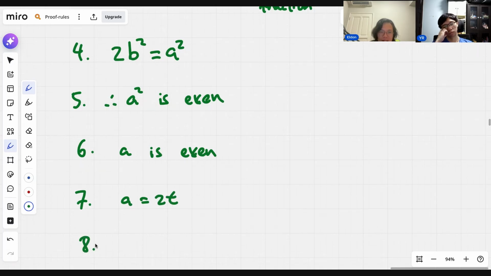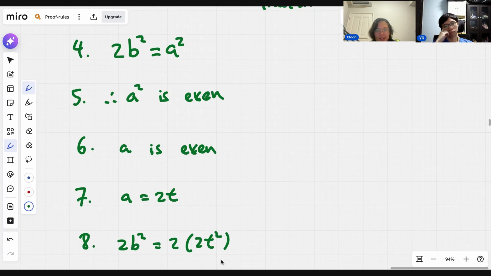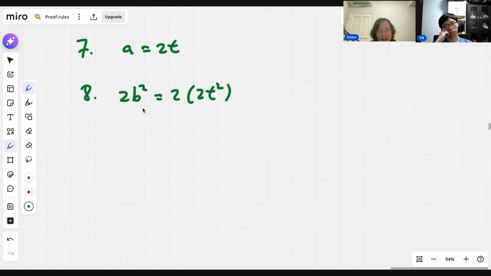Then they'll keep going and say that 2b squared is equal to 2 times 2t squared. This is basic algebra. After that, this means that b squared is equal to 2t squared. And then they'll say, therefore, b squared is even.